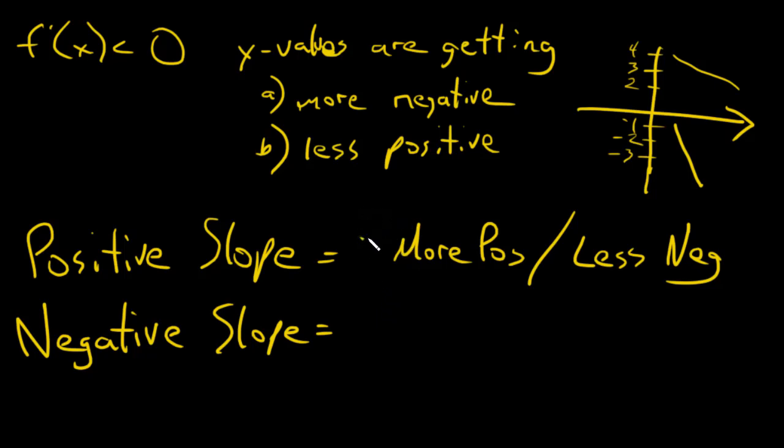Get away 1, you never existed. A negative slope means I'm getting more negative or less positive.